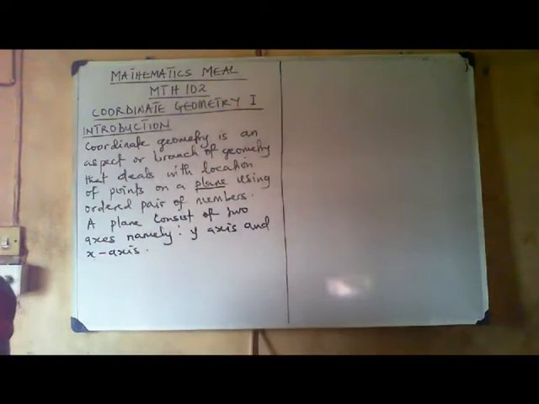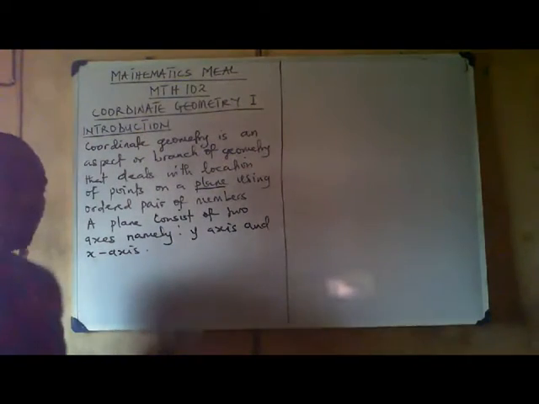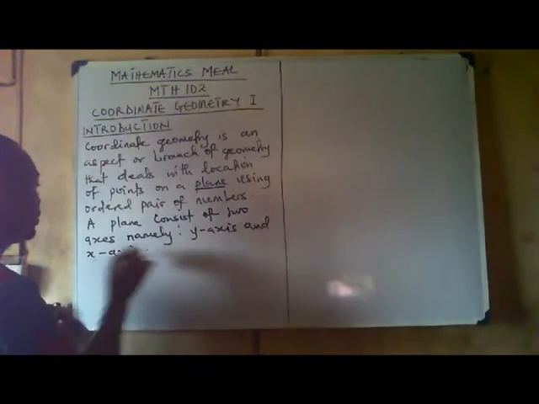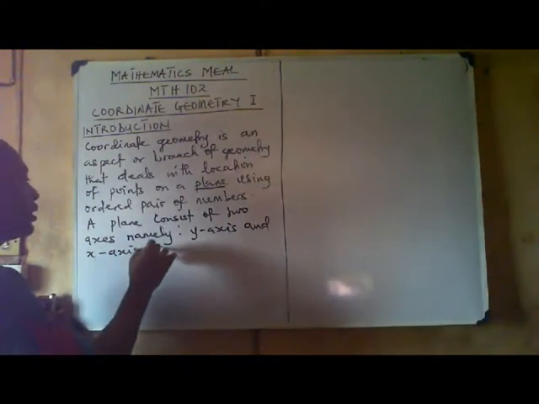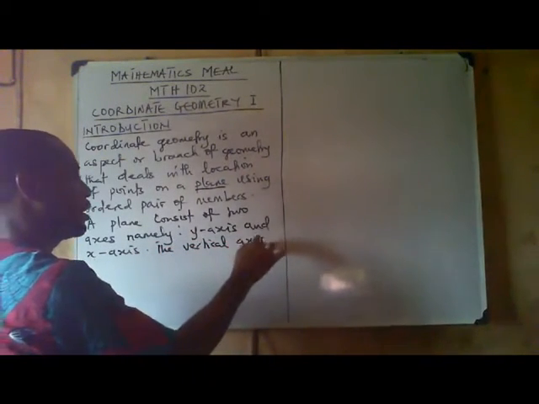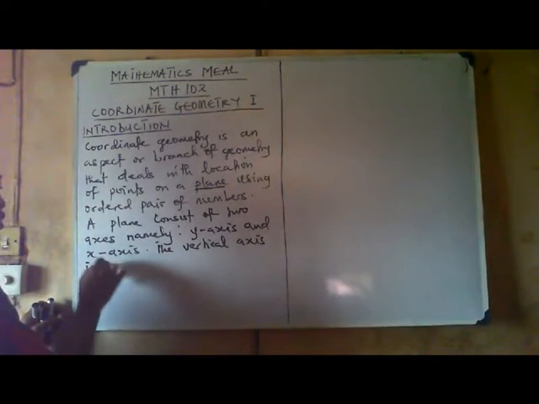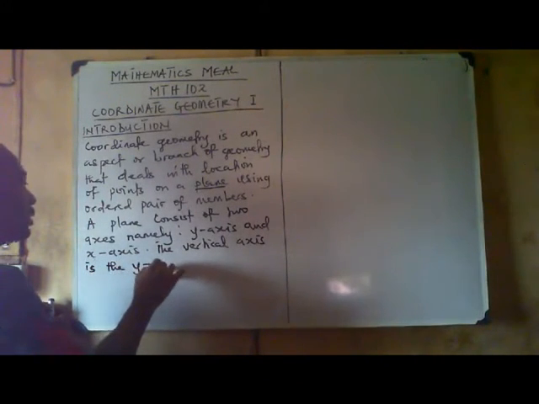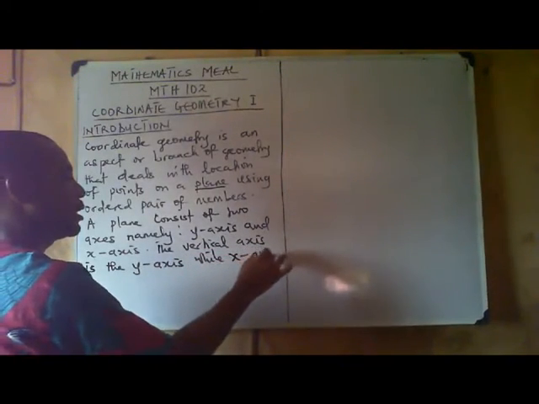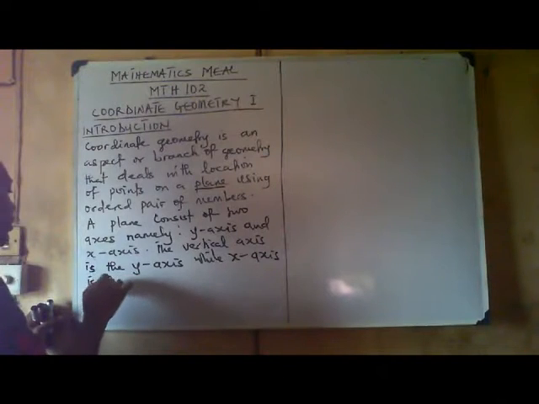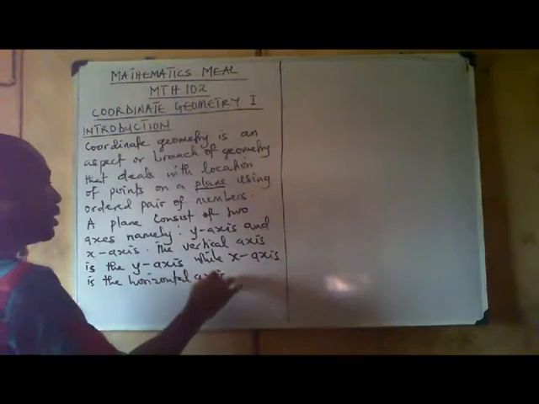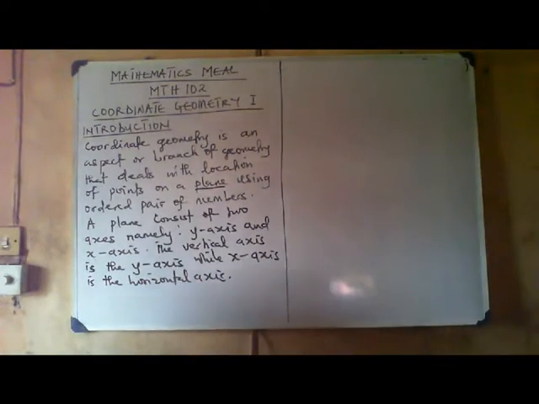The y-axis is usually the vertical axis, while the x-axis is the what? The horizontal axis. So we have the vertical axis and the horizontal axis.